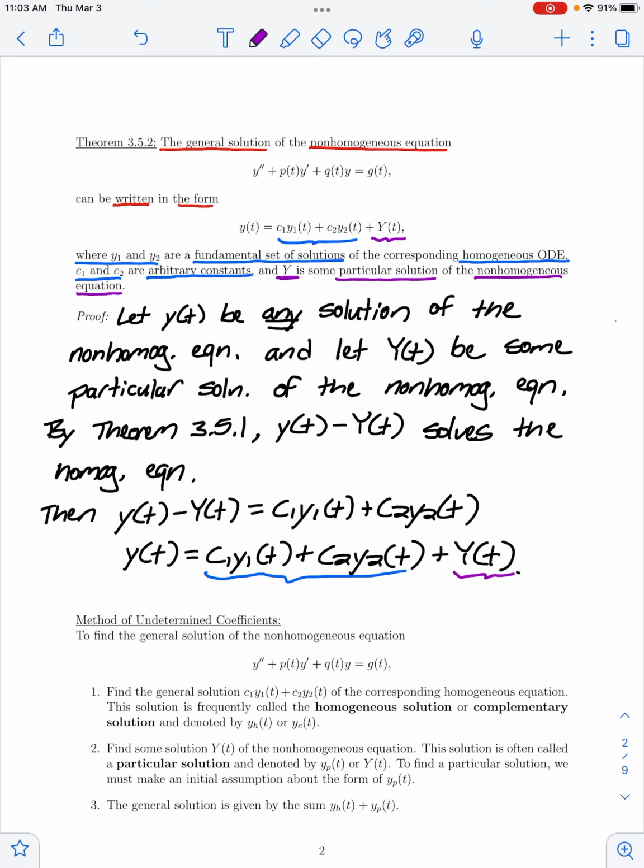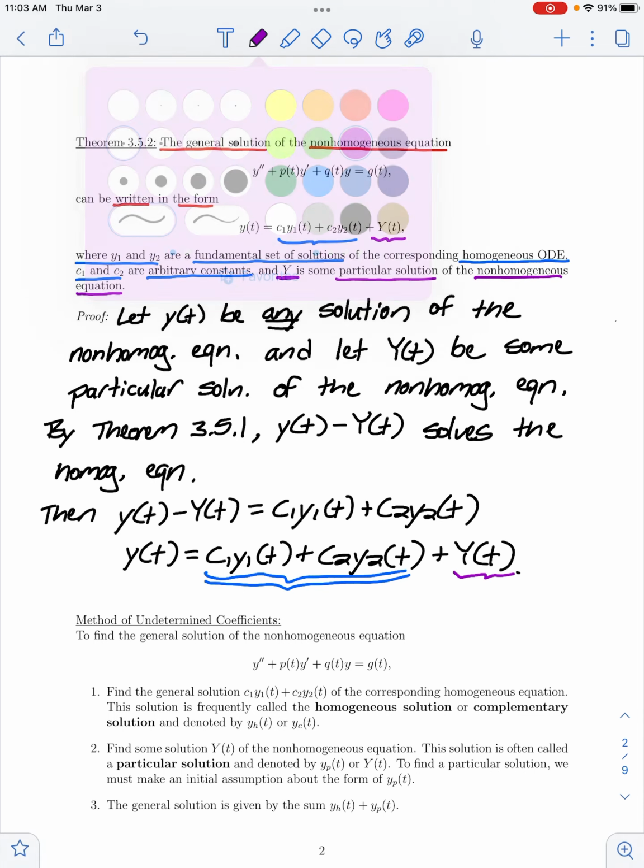So this theorem tells us how to construct general solutions for non-homogeneous equations. It says, first, find a fundamental set of solutions for the corresponding homogeneous equation, and then just find one particular solution of the non-homogeneous equation and sum them. And that gives us every possible solution for our non-homogeneous equation.